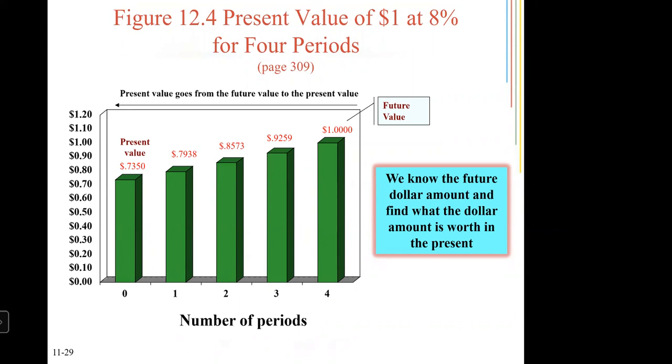So you have a goal you want to achieve. Let's say you want to buy a car that costs $30,000, but you want to buy that 4 years from now.